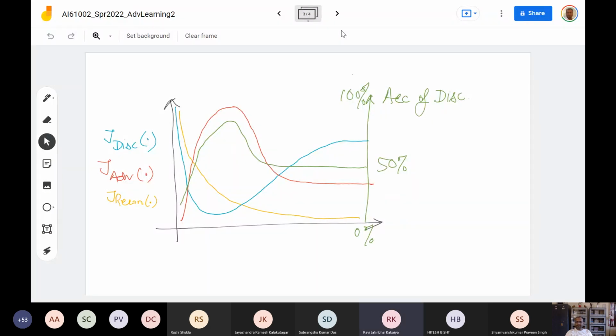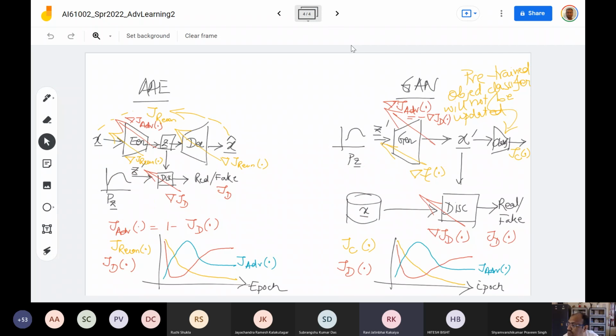So what I understand from this 50% logic is that we are trying to generate such a network in the autoencoder or in the GAN, in a generative model, such that this model is so accurate in creating a fake image, or in that case a fake Z, that the discriminator is 50% fully confused. 50% accuracy means fully confused.